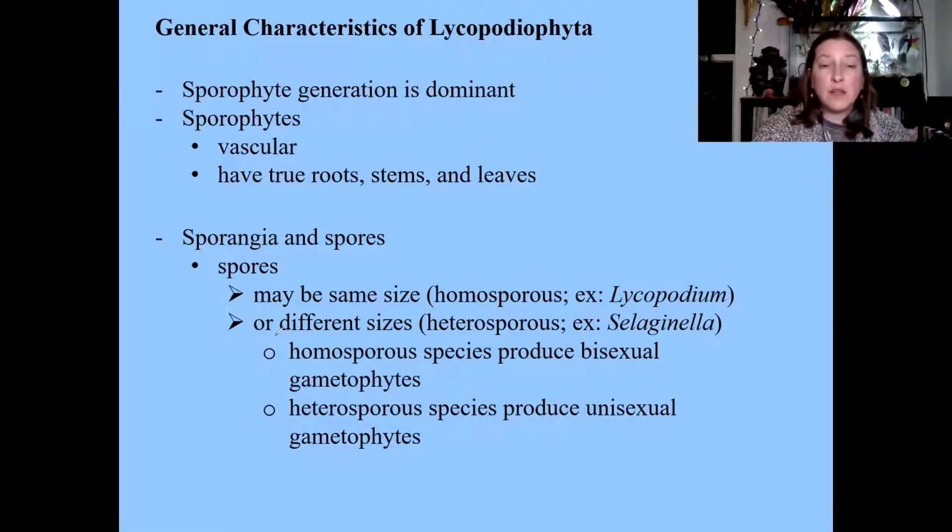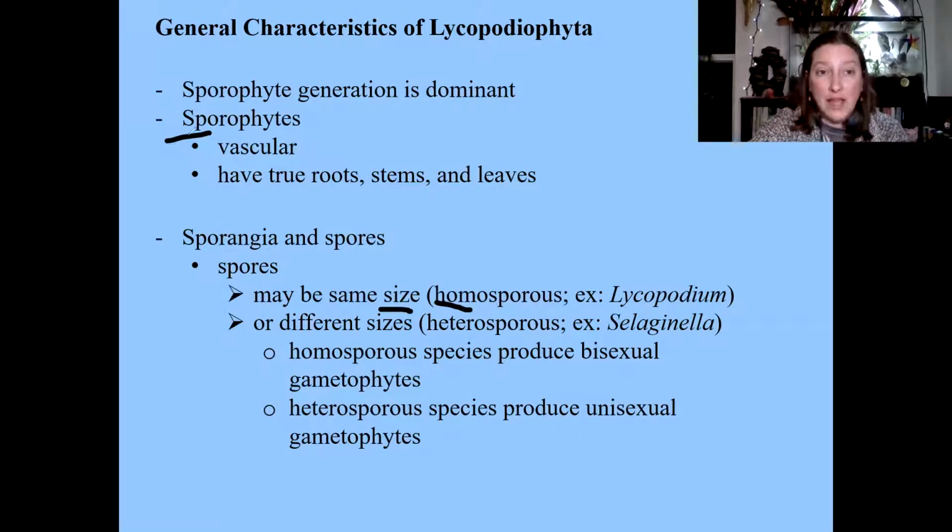One way to organize this information is if a sporophyte plant produces homosporous spores, or one type of spore that are all the same size, those spores, when they germinate and grow into gametophyte plants, will produce gametophytes that are bisexual, meaning they will produce gametophytes that have both sex organs on one plant individual.